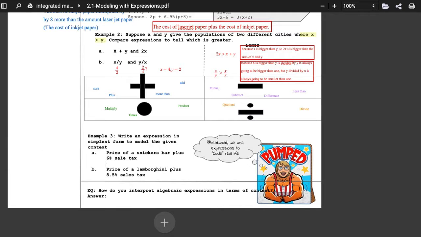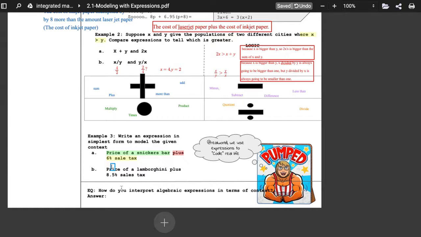How we're going to write that in our expression is we'll highlight the important information. The price of the Snickers bar is important. Plus is my operation, so I'm going to highlight that in red because the operation is one of the most important things. Plus the 6% sales tax. Again, what I know about sales tax is that it's a percentage of the product I'm buying. So let's have S represent the Snickers bar.